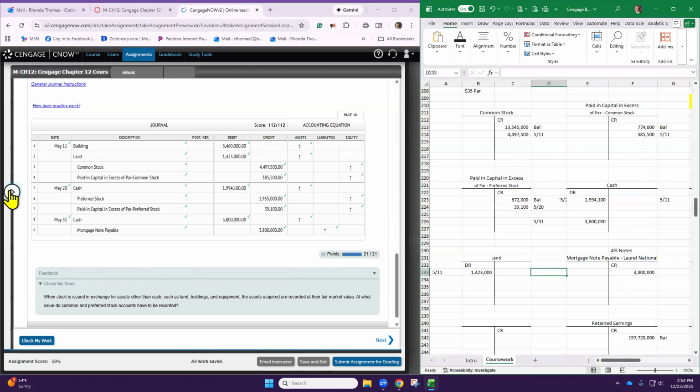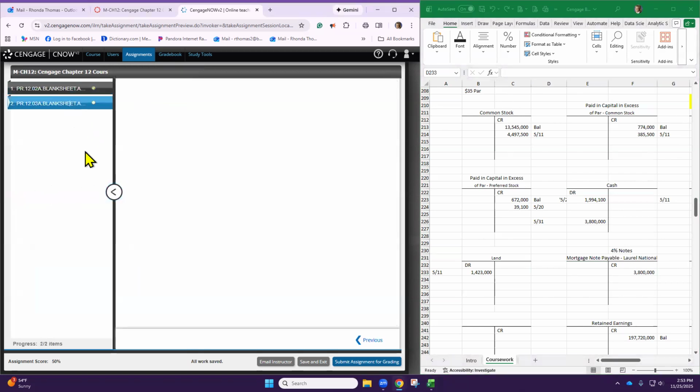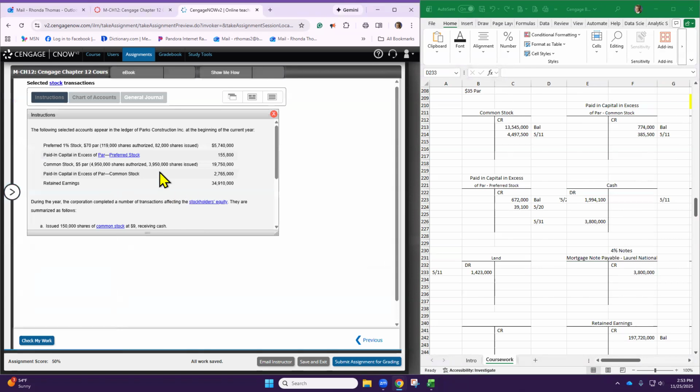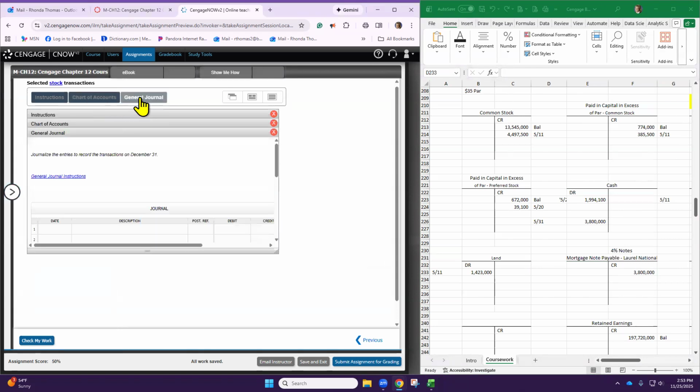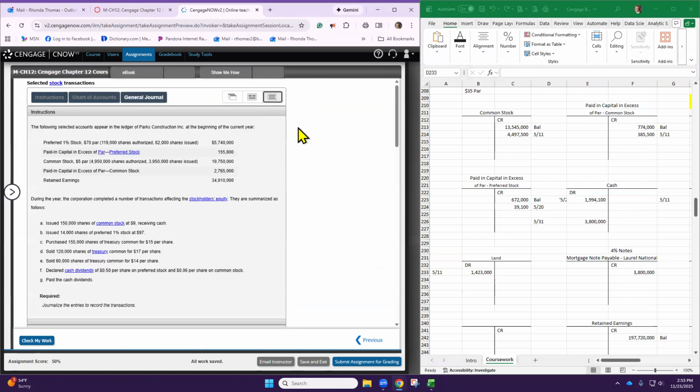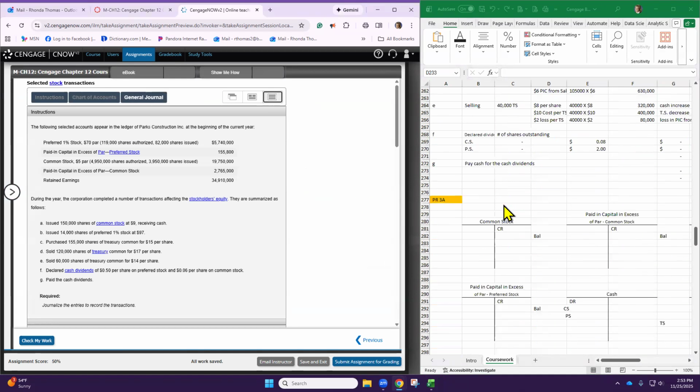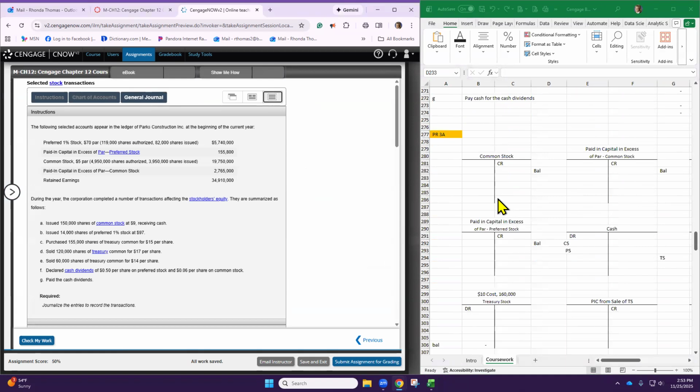All right, so now we're going to do another one that's a little bit more to it. And we'll stack these and see what we can do here. Okay, so now I'm down here for 3A. It says the following accounts appeared in the ledger for Parks Construction at the beginning of the current year.